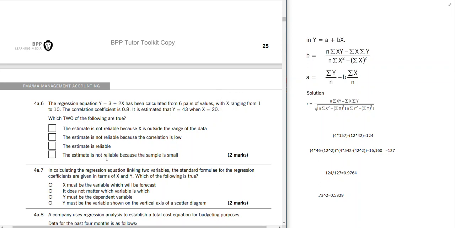And also because the sample is small, we only have 6 pairs of data, because of which I would choose: estimate is not reliable because it is small and it is outside the range. Because if I select this, then this would be wrong. Estimate is not reliable because x is outside the range, so it would be contradicting. So A and D would be correct.